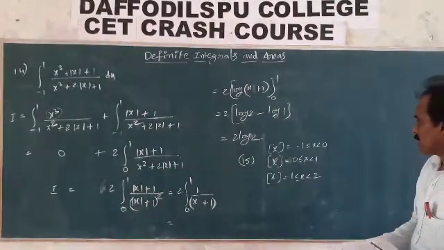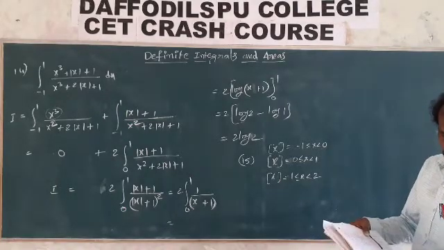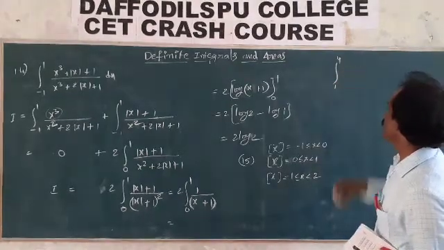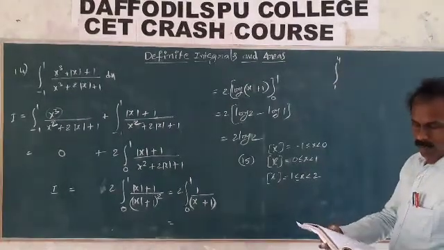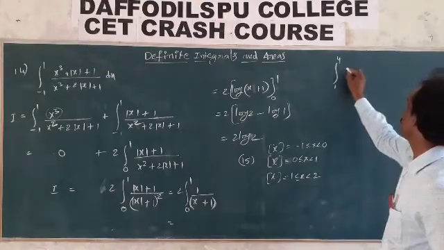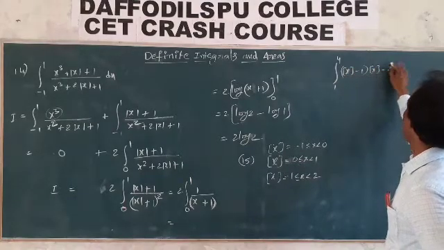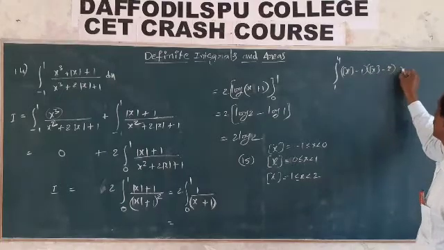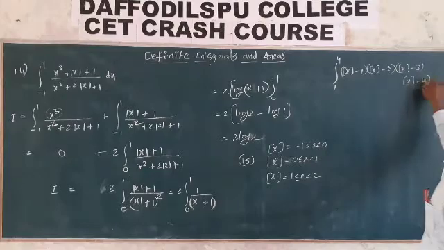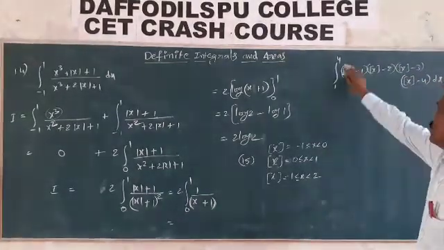Clear? Right. Here in this problem, the integral from 1 to 4 of step of mod x, plus step x minus 1, step x minus 2, step x minus 1, with step meaning the greatest integer function, dx. Clear? Right.